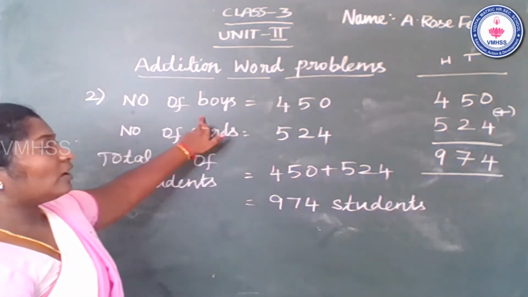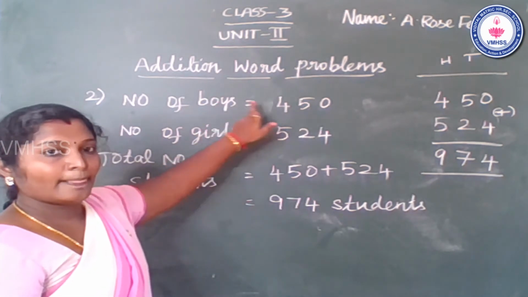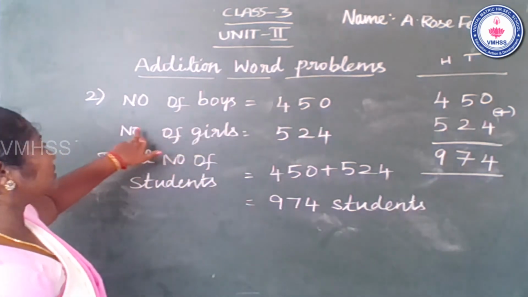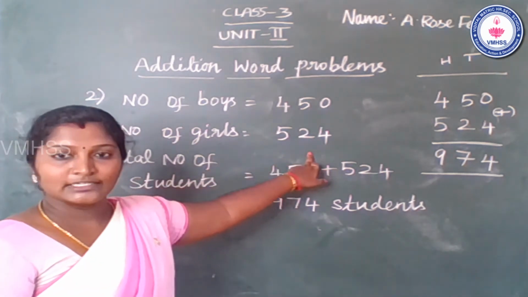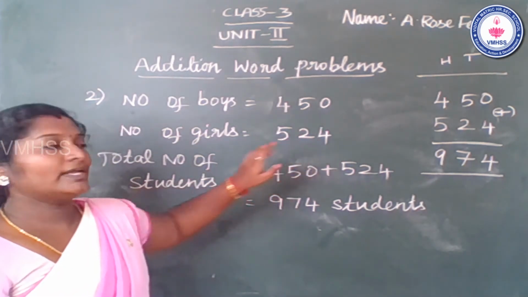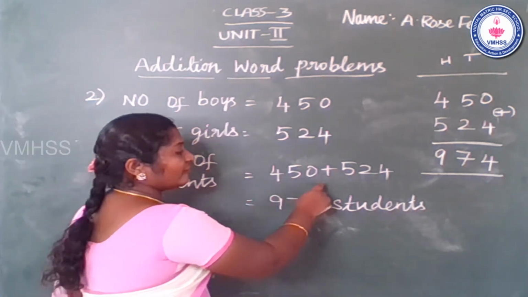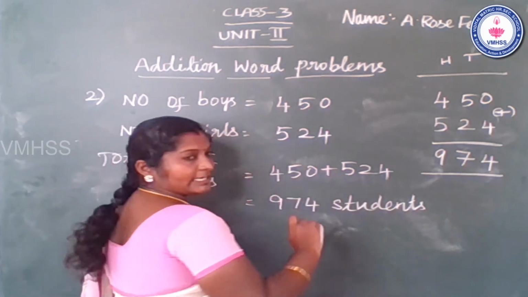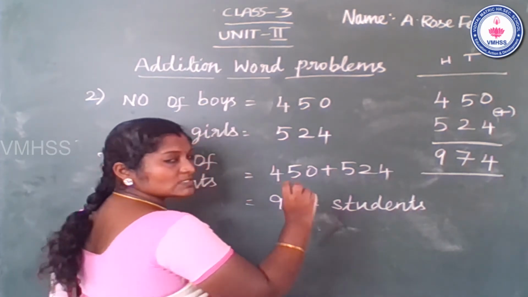So number of boys 450. Very good. So number of girls 524. So what is the question? Total number of students. 450 plus 524. Now we get the answer 974 students.